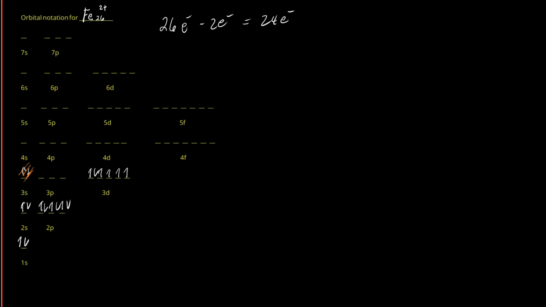So when I go to write my electron configuration then, we'll see it's 1s2, 2s2, 2p6, 3s2, 3p6, 4s0, 3d6. And you don't have to include this 4s0. So you can leave that out if you like.